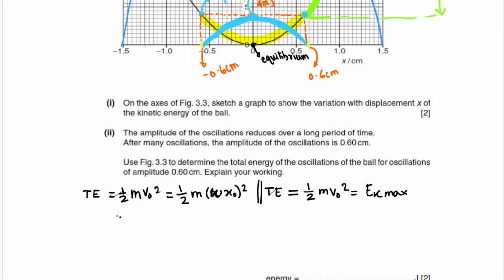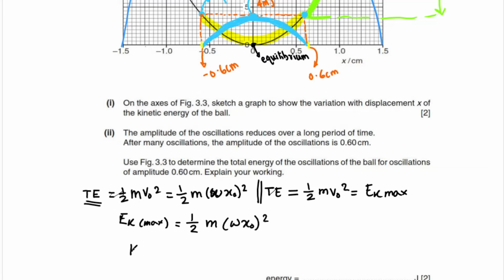And therefore, we can analyze the total energy change using the formula for maximum kinetic energy. So EK equals half m omega x naught whole square.